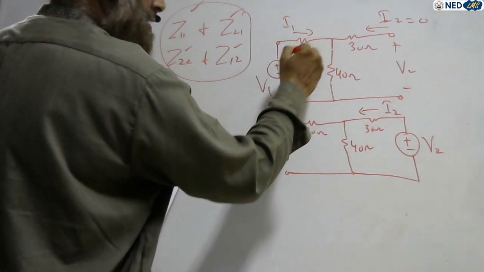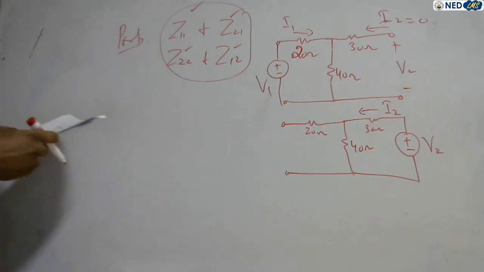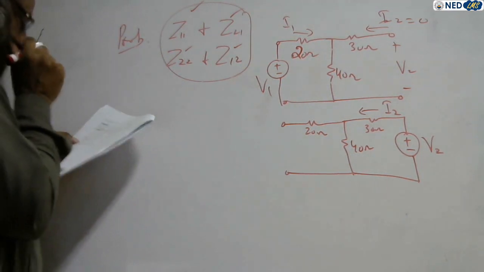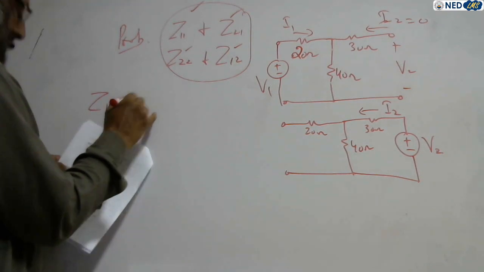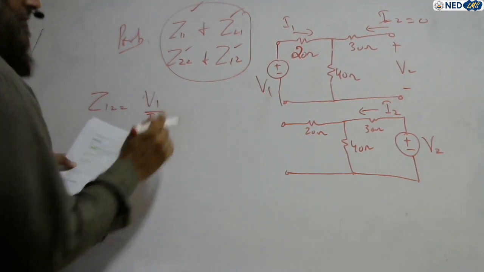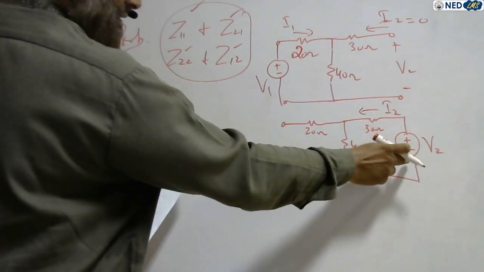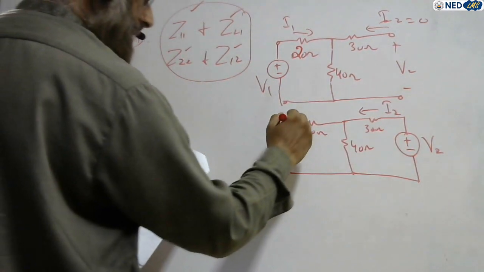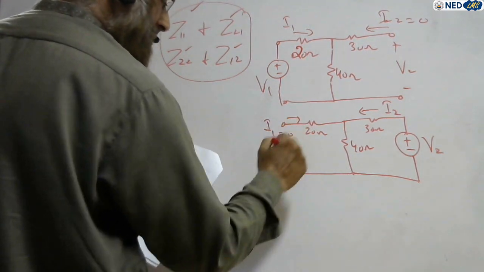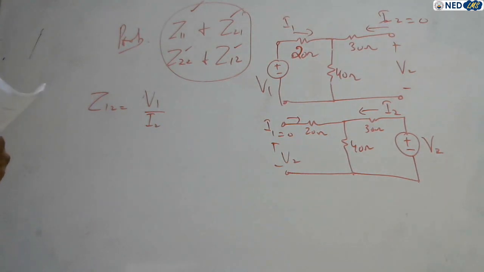Z12 is the ratio of V1 over I2. This time I2 flows because the source is connected on the secondary side, but I1 equals 0, and there is voltage V1 on the primary side.